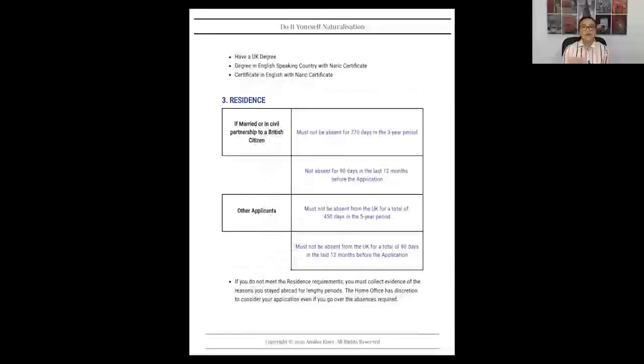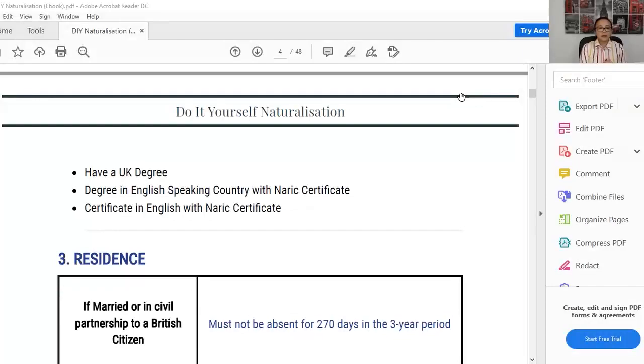The other is if you have a UK degree. If you have a UK degree, then you don't have to sit this B1 test. And also, if you have a degree from an English-speaking country, you can also do that, but that must have a NARIC certificate. And if you have a certificate in English, again, that has to be supported with a NARIC certificate. For those of you who don't know what NARIC is, it's an organization, one of those agencies that confirms your qualifications abroad.